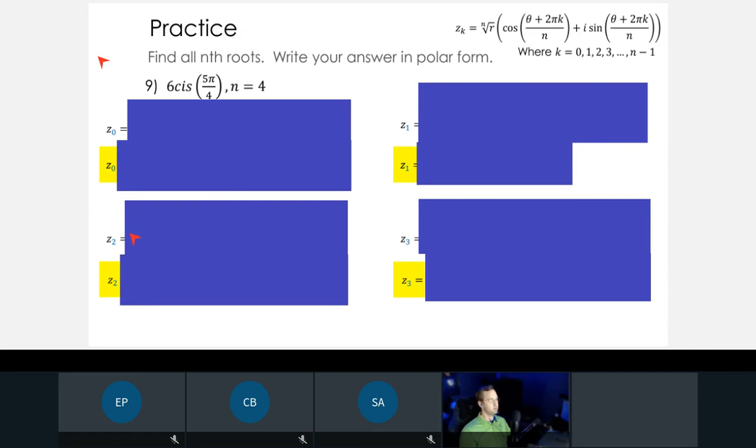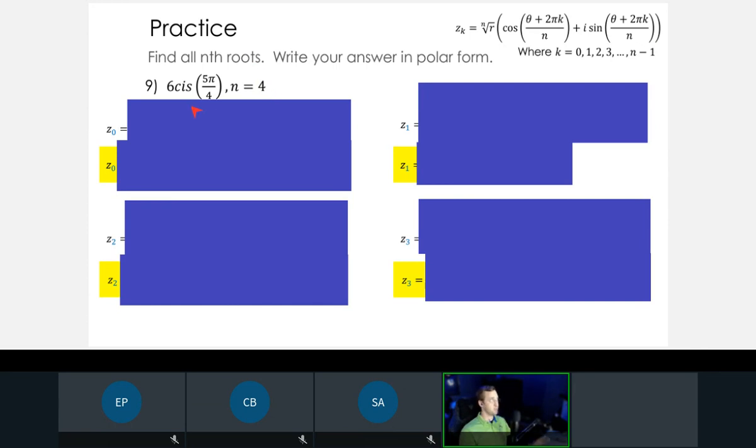Jumping ahead. All right, so since n is 4, your k will go from 0 to n minus 1, and n is 4. So we're going from 0 to 3. So we have 0, 1, 2, and 3. And I would suggest setting all of these up first, because if we're doing the 4th root, you should have 4 answers.